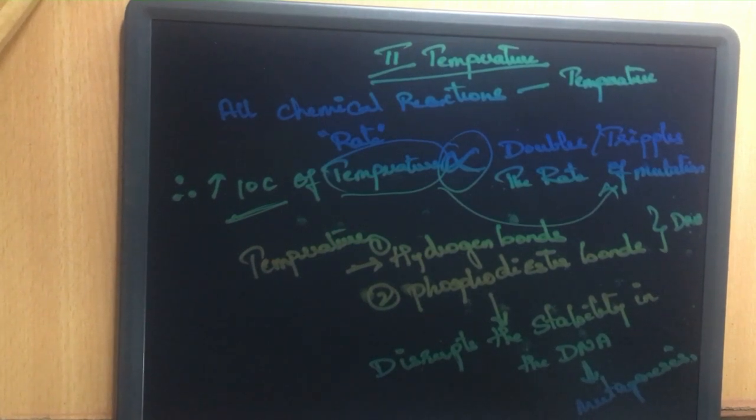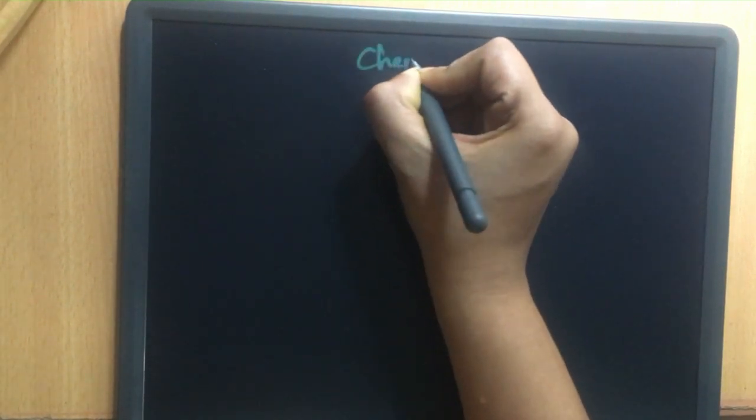Now let's look into the chemical agents, or the chemical mutagens.